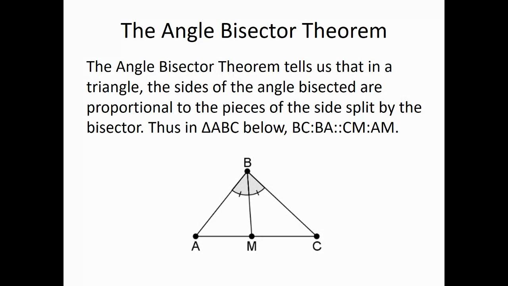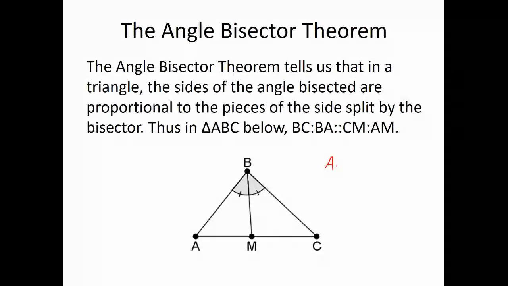What the theorem says is that the ratio of the pieces of the side that is split by the angle bisector, that is AC, equals the ratio of the two sides of the angle that was bisected. It's going to be written a bit differently than what you see, but it's ultimately the same.